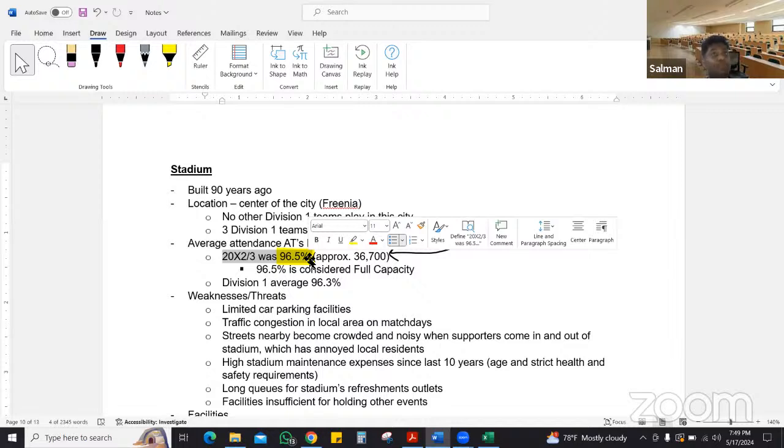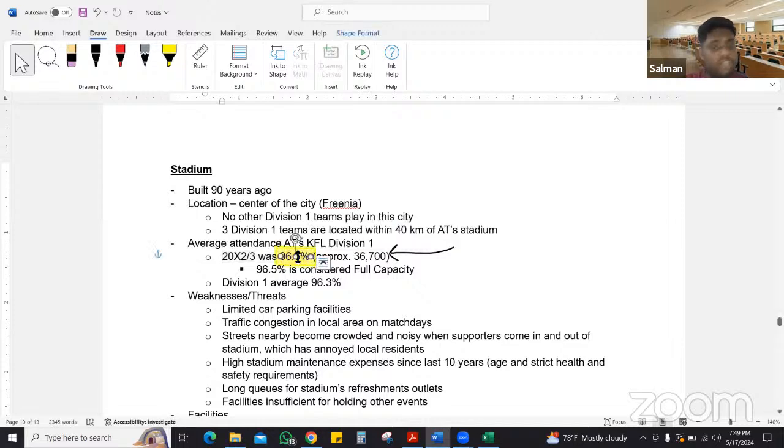We could sell more if we expanded our stadium. Makes sense, right? Top 8, we have the lowest capacity. If others have 60,000, 65,000 capacity, we only have 38,000. It's reasonable. We can at least sell 45,000. So this is a possible opportunity cost.